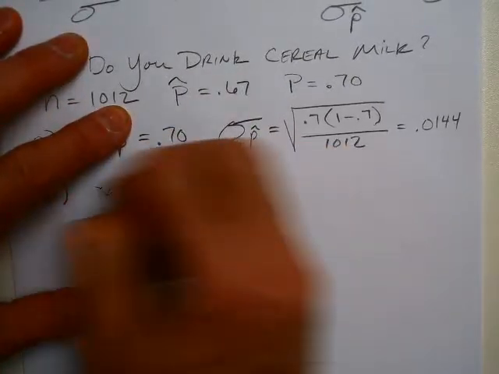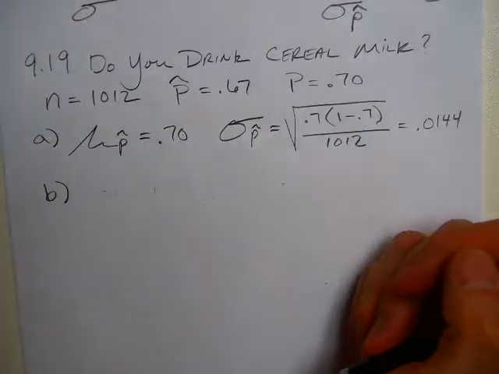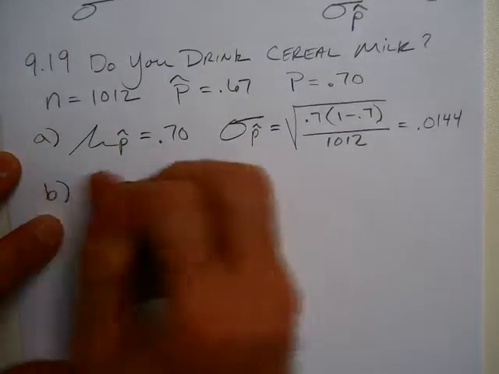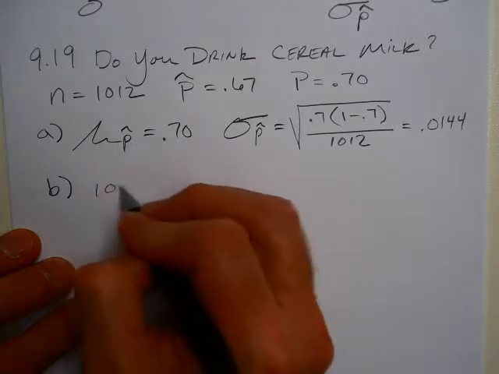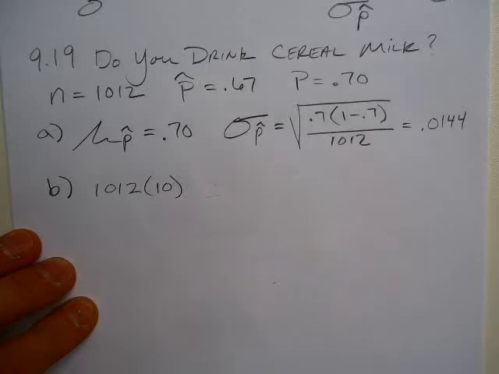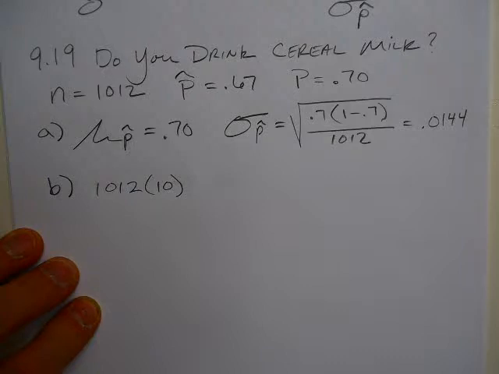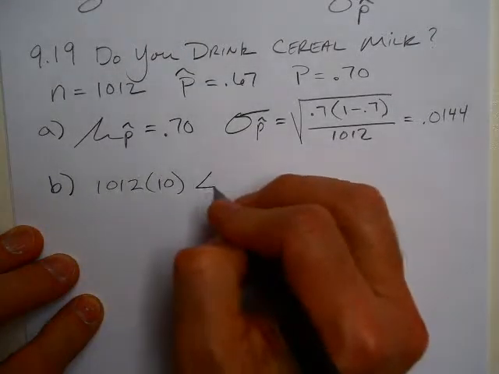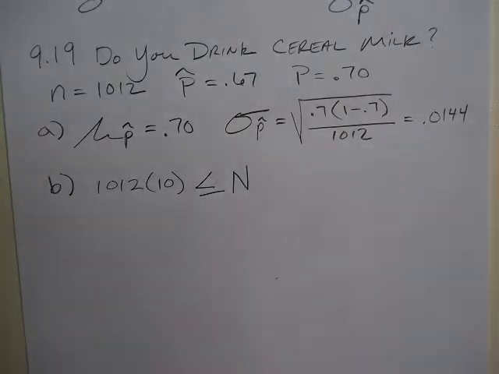You're right. 10 times n, well, that's what I had. 10 times n has to be less than or equal to big N. Okay?